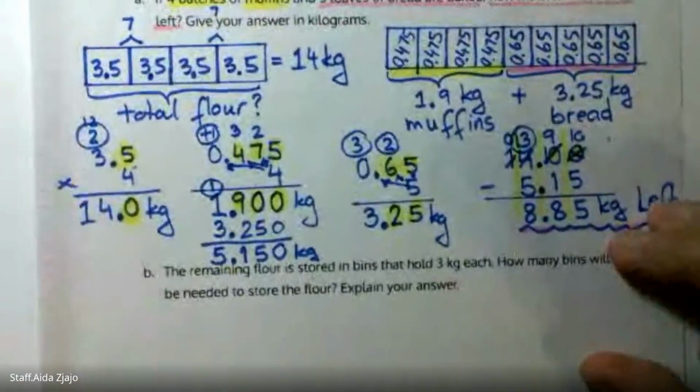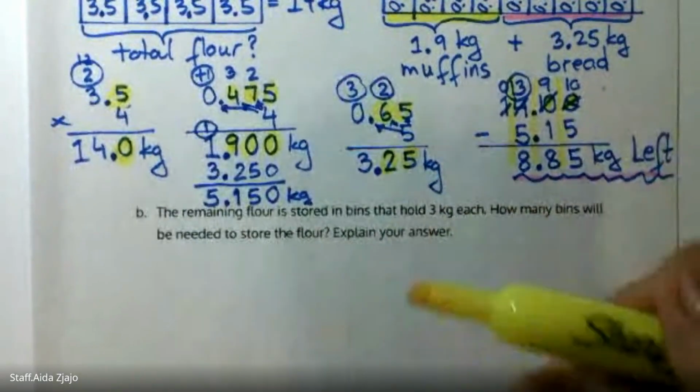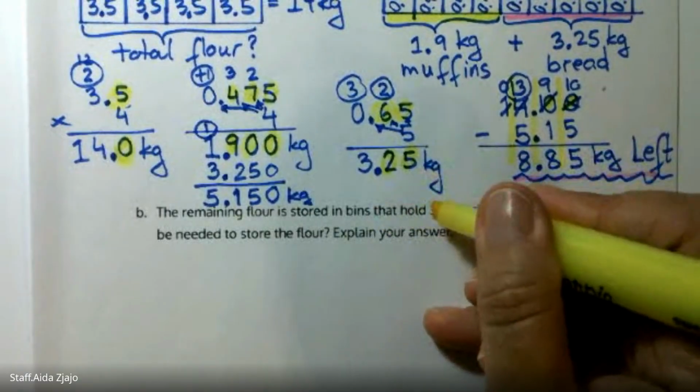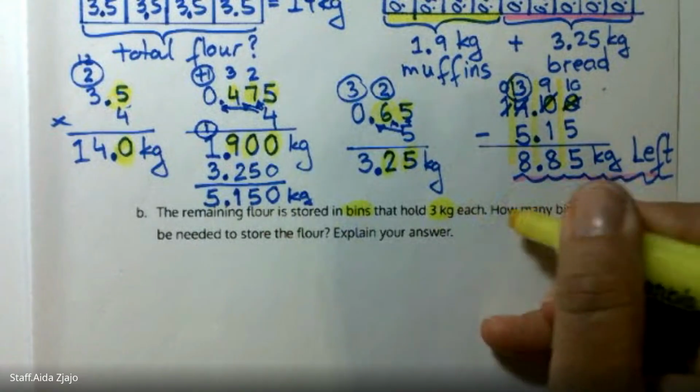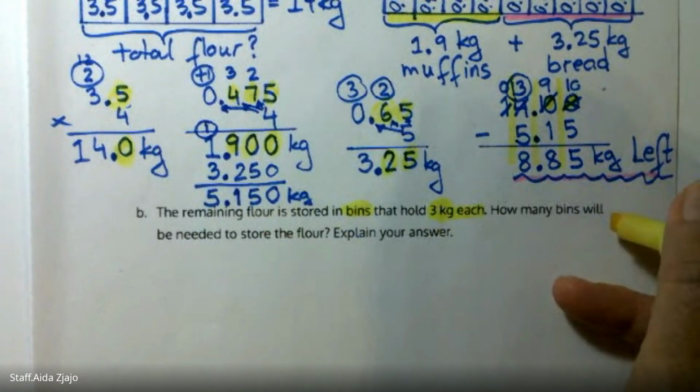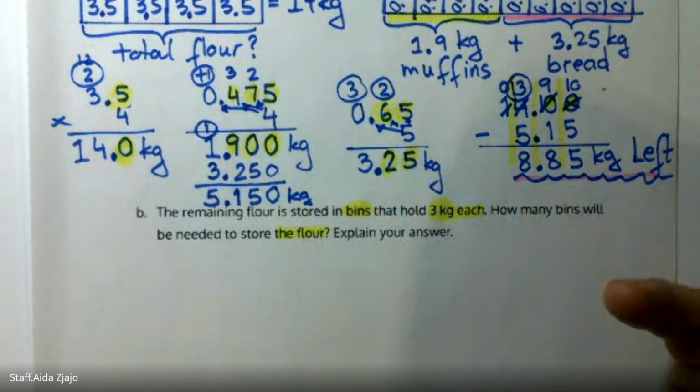Now, there's part B to the flour. So now the remaining flour is stored in bins that hold 3 kilograms each. How many bins will be needed to store the flour?